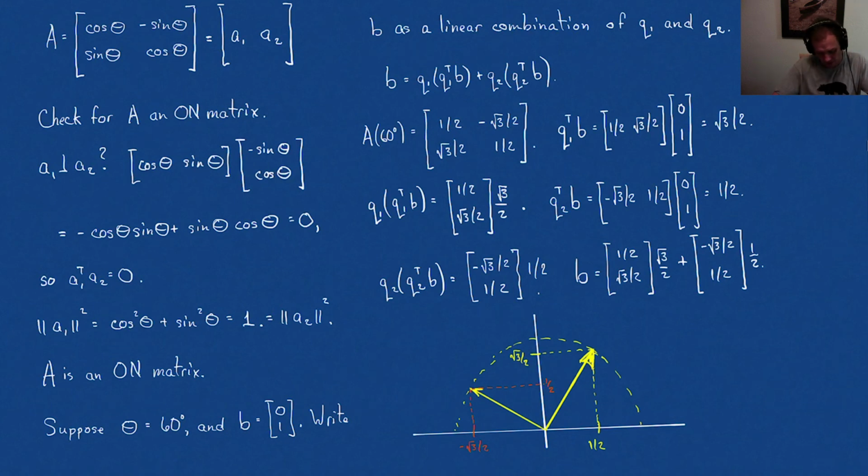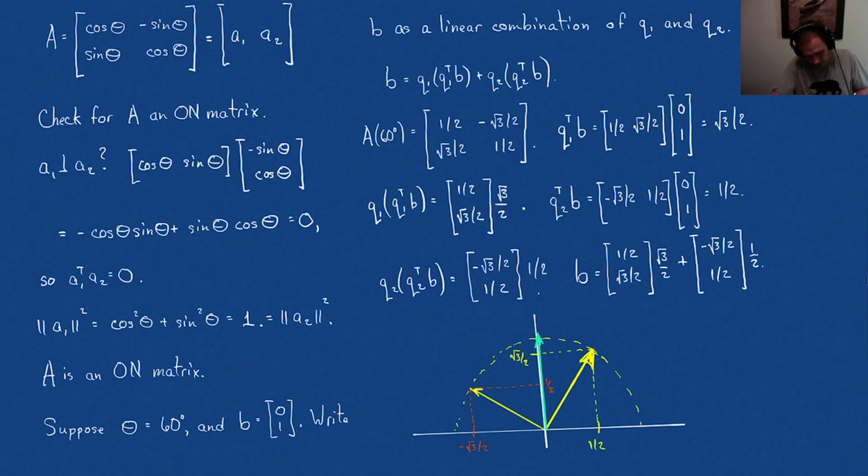Okay, those are my basis vectors. Now B is this blue vector, B is this vector right here. Why that didn't line up? How about right there? Okay.